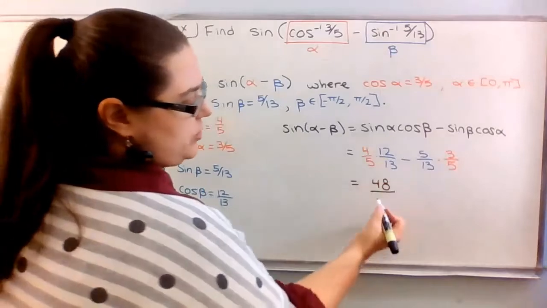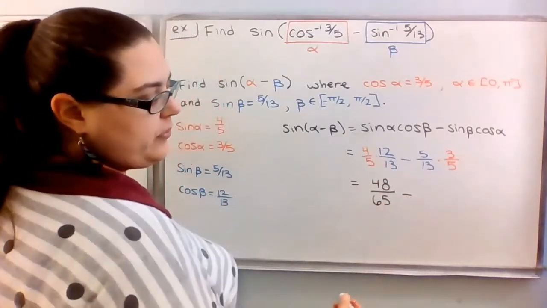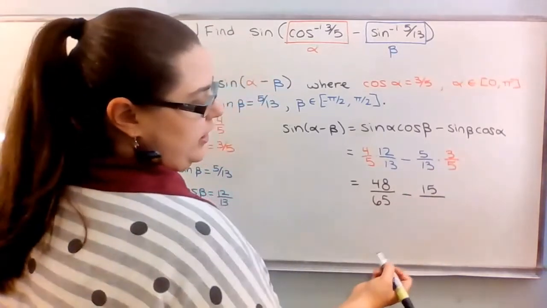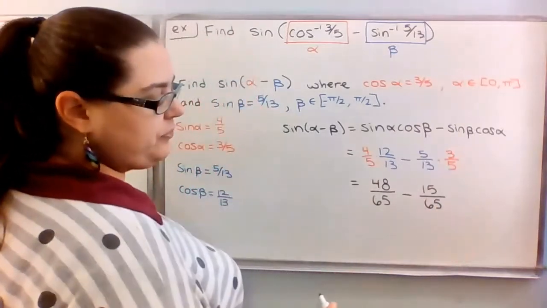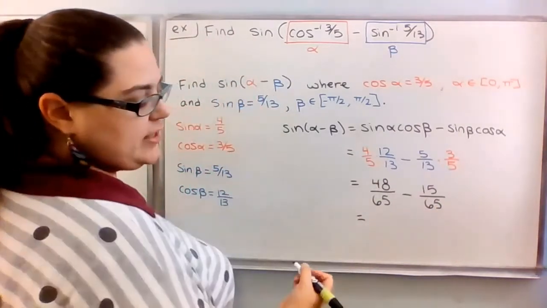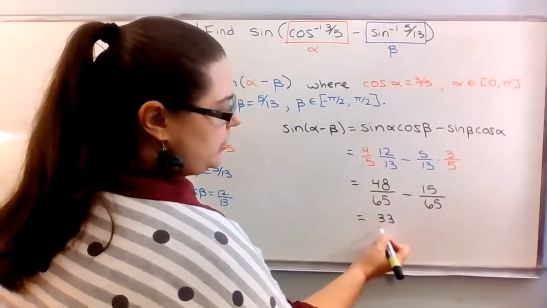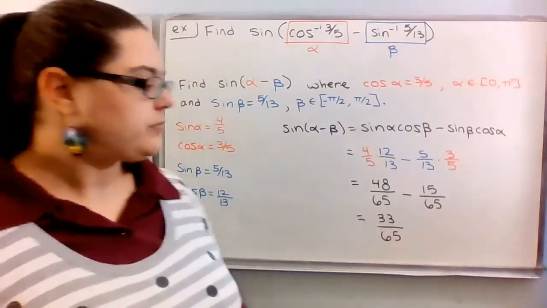And 5 times 13 is 65. 5 times 3 is 15. And 13 times 5 is still 65. So we can subtract these now. 48 minus 15 is going to give me 33. And I keep the 65.